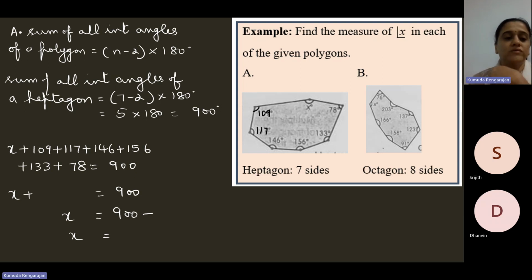What is the total of the numbers on the left-hand side? Correct, 739.